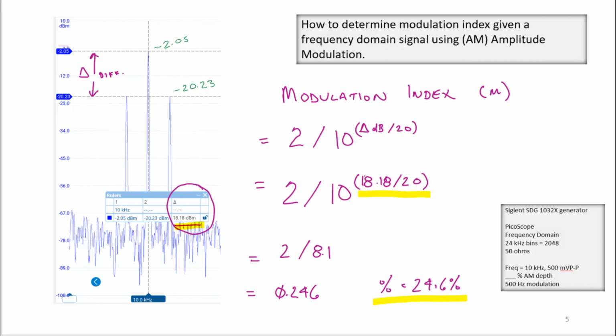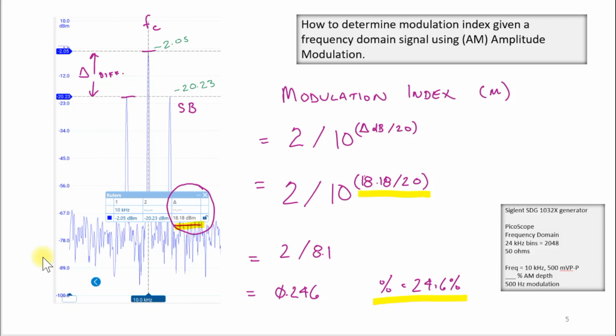A second method of doing this, and I think this is the same method as shown in the lab, is to take the difference between the peak value and the sidebands. So these are the sidebands, this is the frequency of the carrier, and the peak is right there. So it's the difference between those two peaks.